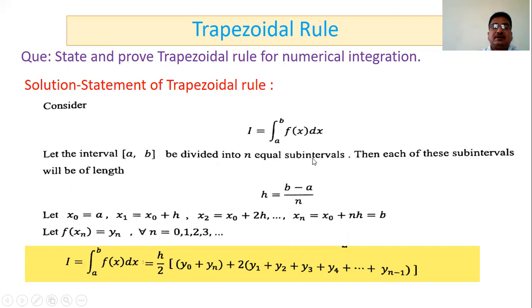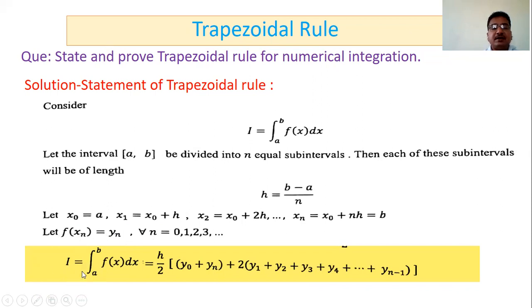Then x naught is a, and these are the n points of the sub intervals. First is a, then a plus h, or x naught plus h, x naught plus 2h, up to x naught plus nh, that is the last point b, that is xn. And f of xn is yn, for n equal to 0, 1, 2, 3, meaning f of x naught is y naught, f of x1 is y1, and so on.